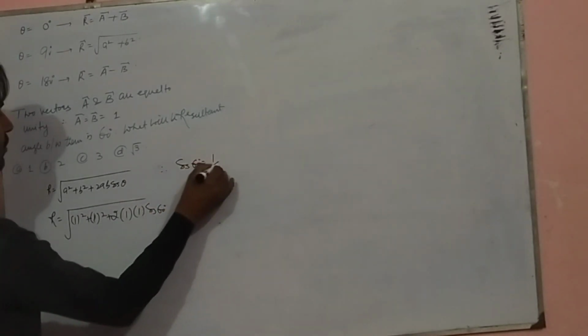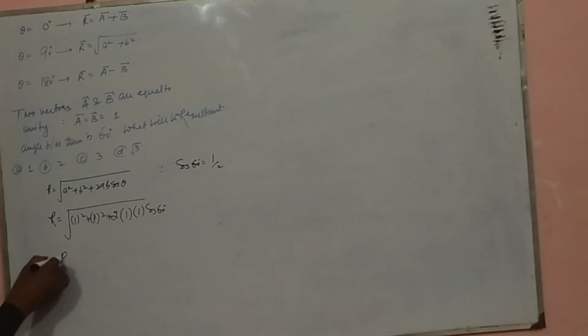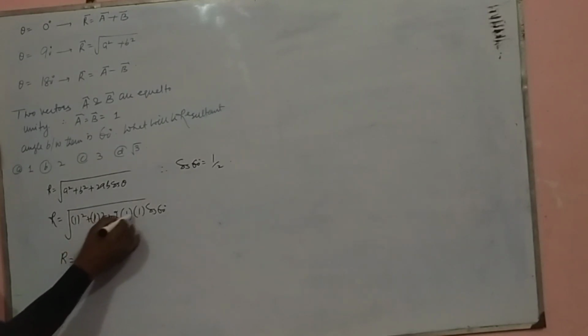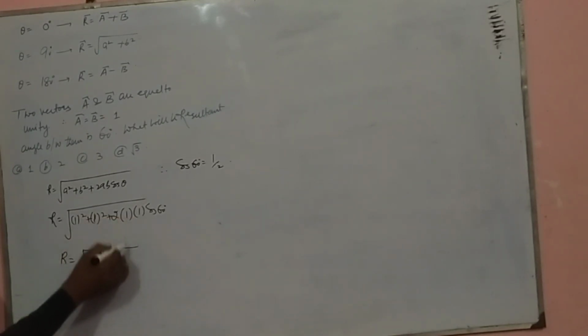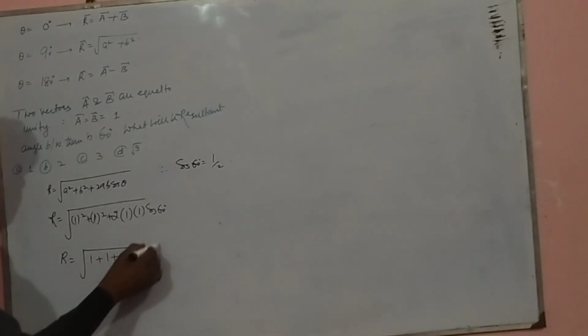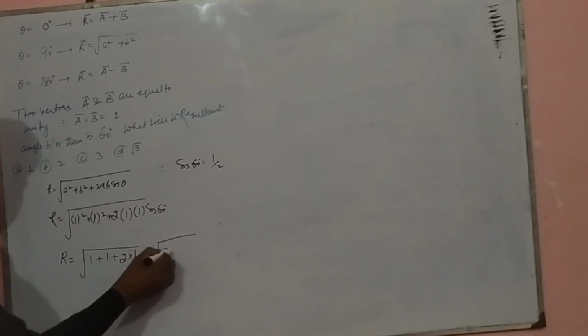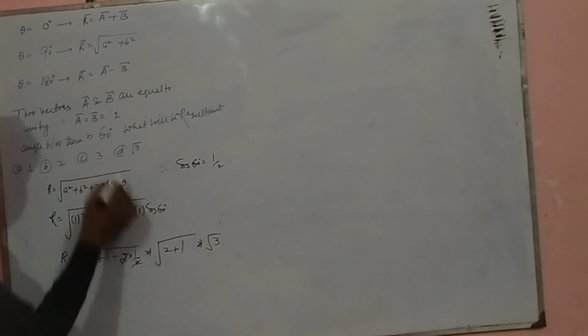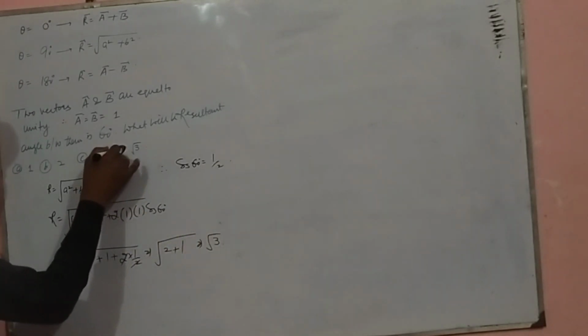So the square of 1 is 1, the square of 1 is 1, and 2 times 1 times 1 times cos 60. So 1 plus 1 equals 2, the 2 and the 1 over 2 get cancelled, this will be 1, and 1 plus 2 will be equal to under root 3. So the correct answer is under root 3.